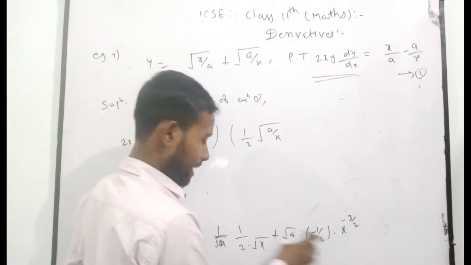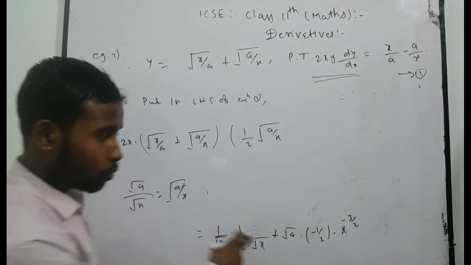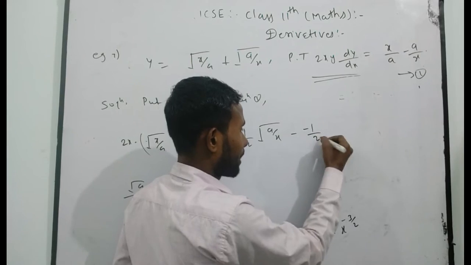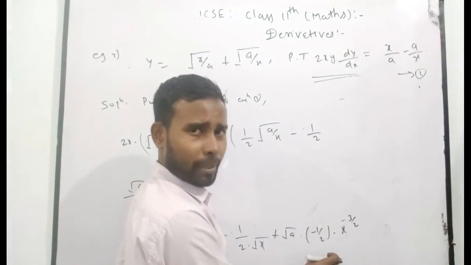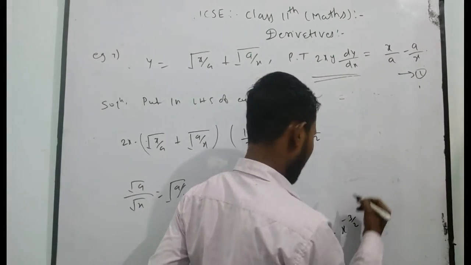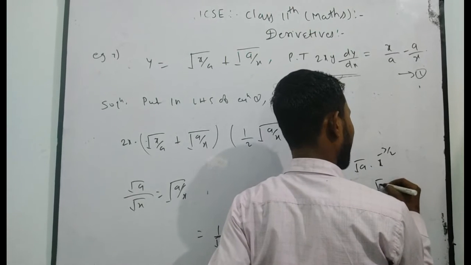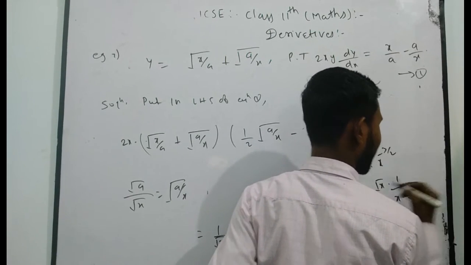And if you multiply here by this term, what will you get? Here there is root a minus by half. Firstly I write here minus half, and sorry, I have taken minus root a into x to the power minus 3 by 2. Can you write root a into x to the power minus 3 by 2 as root a into 1 upon x into root under x?